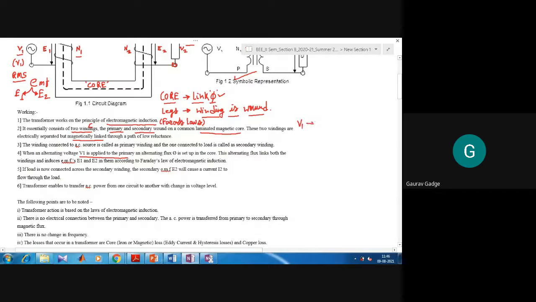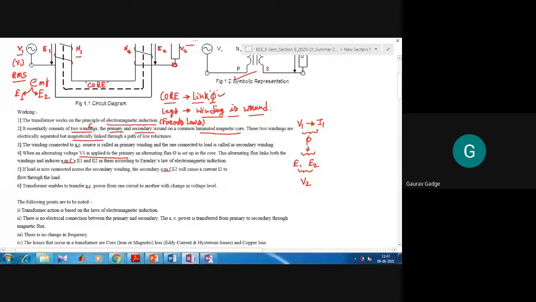Now that allows current to pass through the primary winding, that develops the magnetic flux. Now that flux links with the primary as well as secondary winding, and therefore the EMF gets induced, E1 and E2. Now these two EMFs develop the voltage on secondary winding, that is V2.